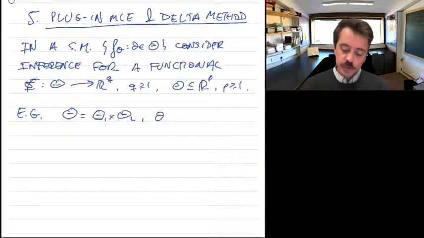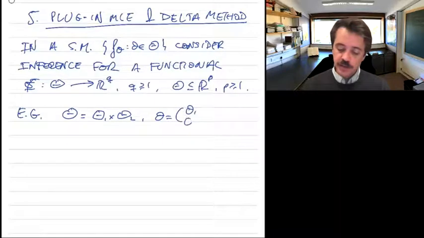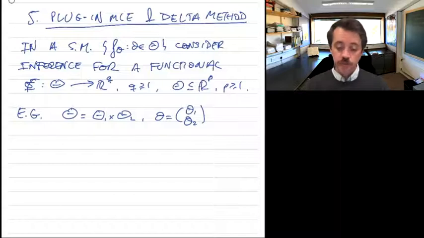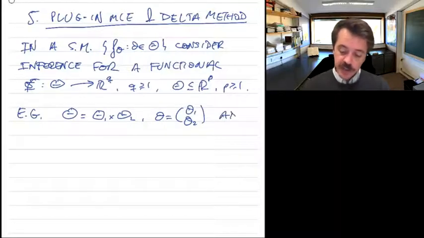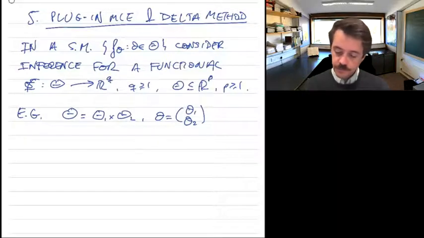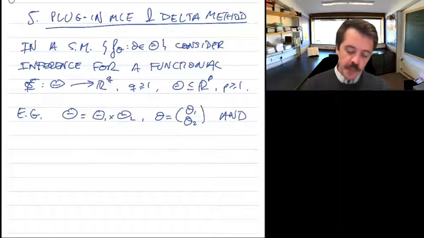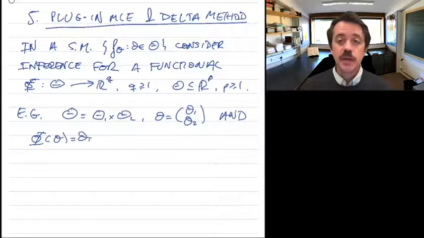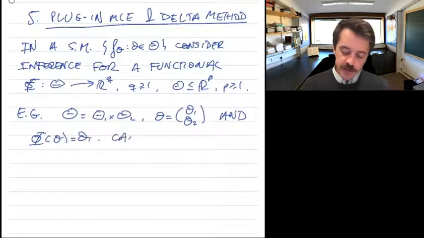And therefore the parameter can be written as this vector of vectors, if you like. What we're interested in is just part of theta, so capital Phi of theta is going to be theta 1, say.